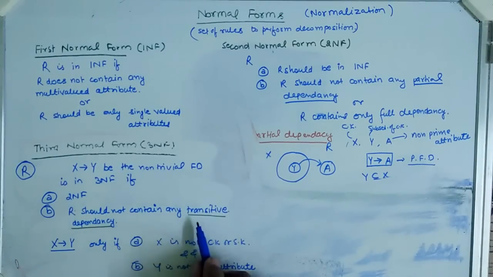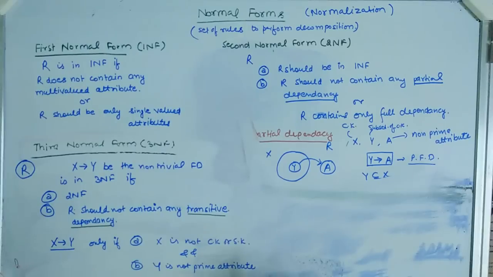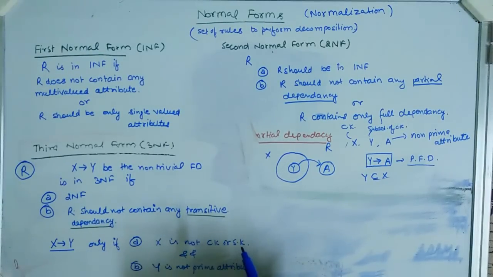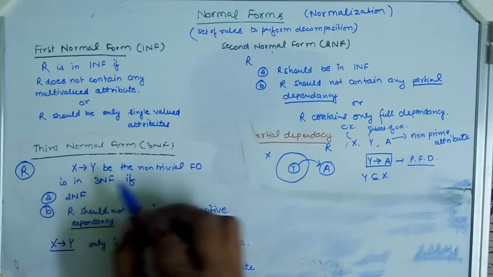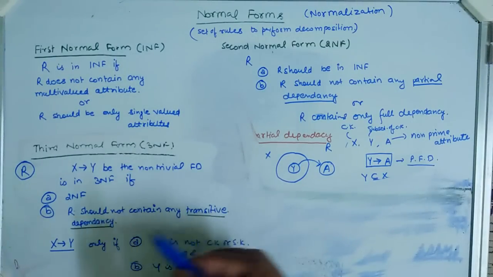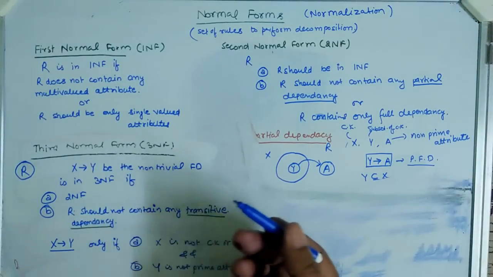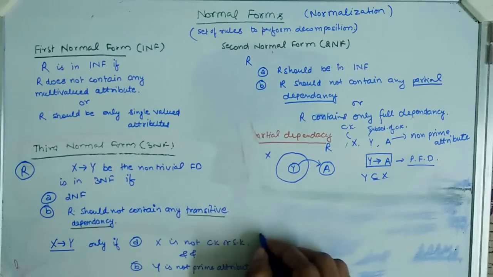And if your relation contains a transitive dependency, it means it is not in third normal form. So we have to remove the transitive dependencies in our relation, and the condition for transitive dependency is given here. This definition of third normal form looks very complex, so you can simplify it in very simple terms.